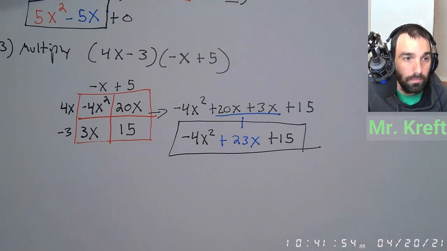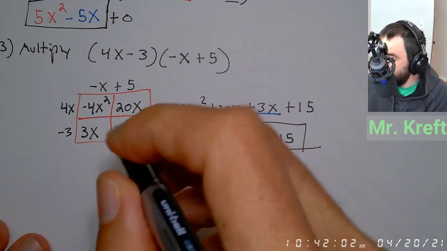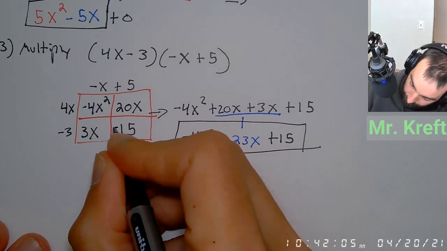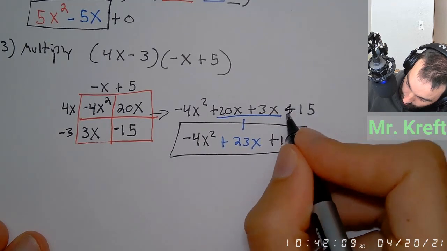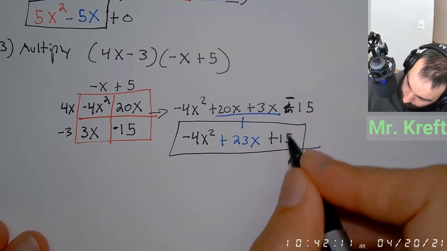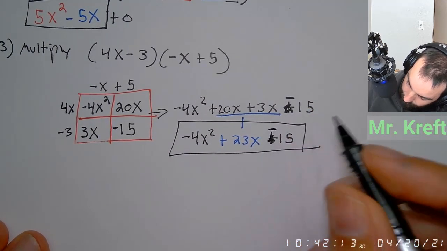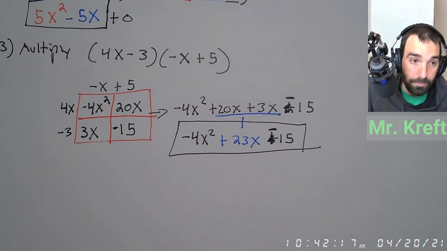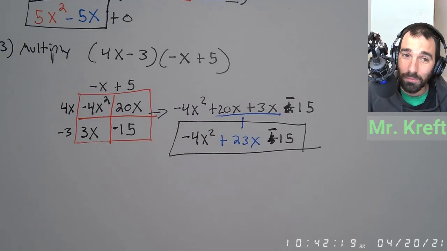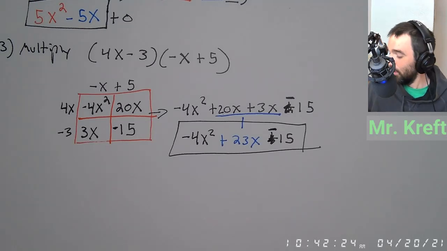Uh-oh, what did I do wrong? Oh, shoot. You're right. I forgot the negative. Negative 3 times 5 is definitely negative 15. So we'll just change that to a negative. Thank you. Sorry about that. See, with negatives, it's easy to drop things and make a little mistake, right?